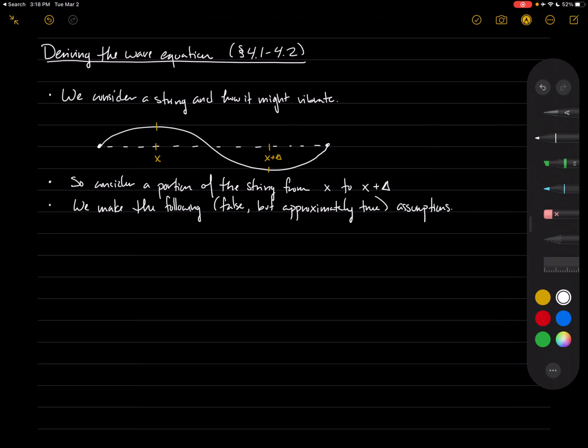Okay, so first of all, we're going to assume that each little spot of the string, so not literally, but if we think of the string as made up of little pieces, little atoms, then each little piece has motion only in the vertical direction.